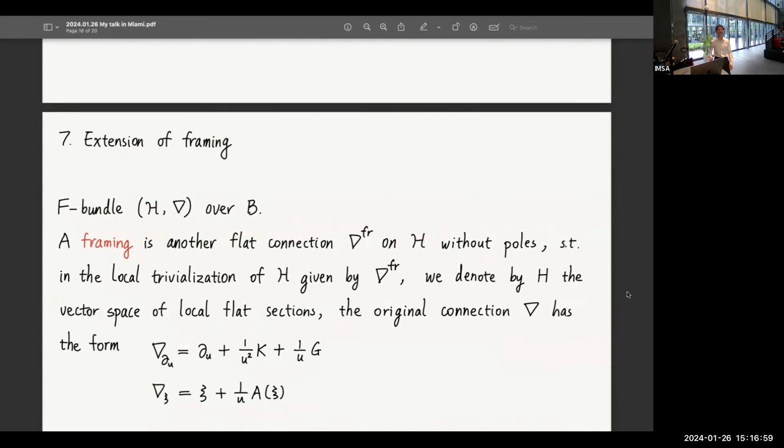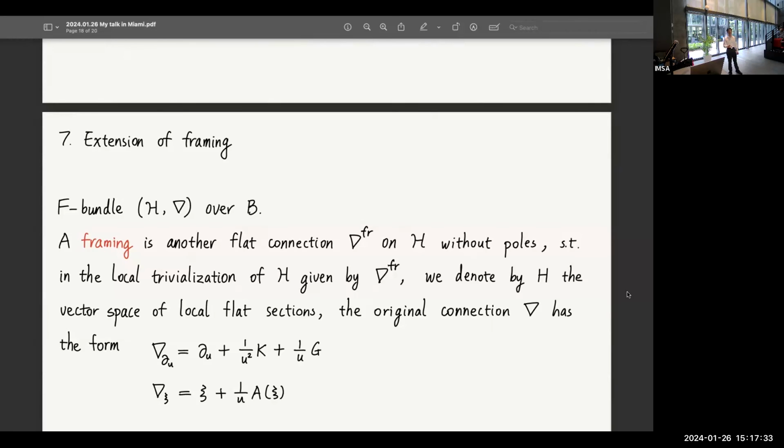So the following form means that when we write it as a Laurent series in U, we don't have non-negative powers of U. A priori, for our definition of F-bundle, we only said that we have second order pole in the U direction and first order pole in the base direction. We may have terms with non-negative powers of U, but here we don't.